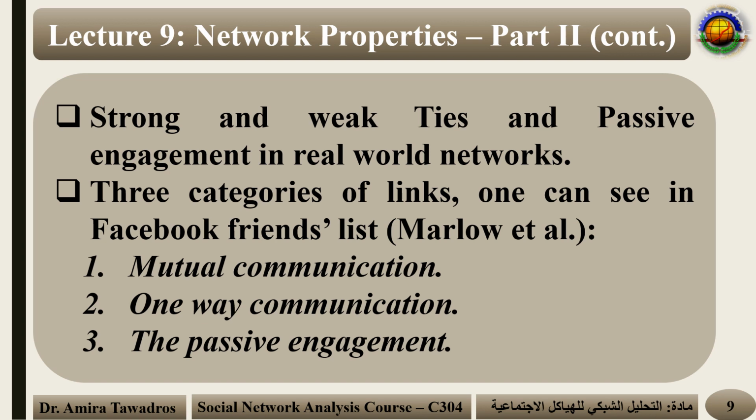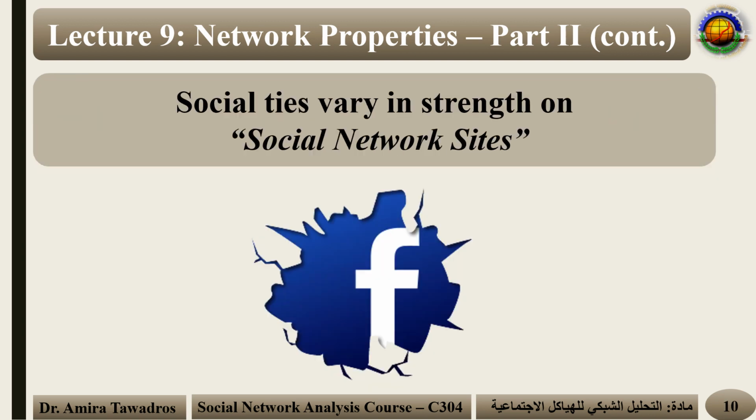So this is called passive engagement, and it is the weakest category of links observed in this experiment. Therefore, this experiment showed us that on Facebook, as an example of a social network site, there are three different levels of strength that could occur between two friends.